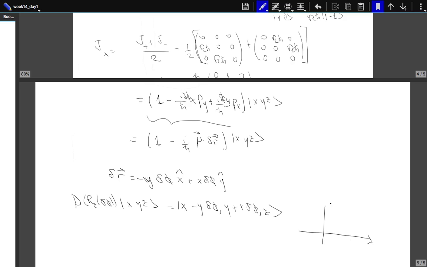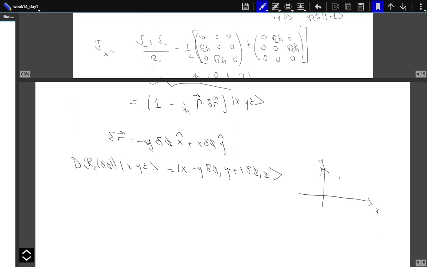So you see, if you would just look in the xy plane, if initially it was localized at this point, now it is localized at this point.